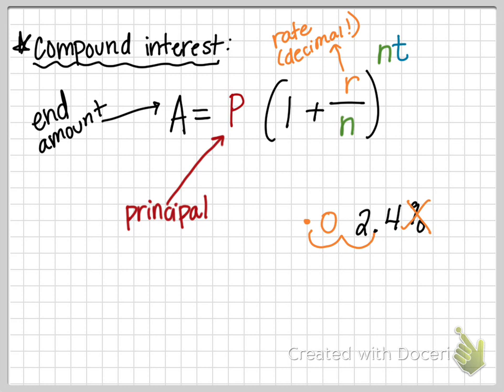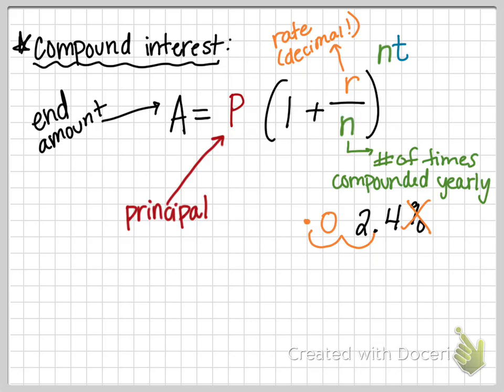Okay, N will be the number of times that the money is compounded yearly. So if they say that it's compounded every day, then N would be 365. If it's compounded quarterly, that would be 4 times a year.